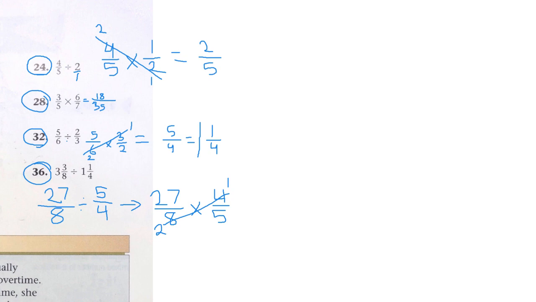We can't divide 5 into 27 evenly, so now we just multiply and get 27 times 1 is 27. 2 times 5 is 10. That's an improper fraction. We can fit 2 whole tens into 27 with 7 out of 10 remaining.